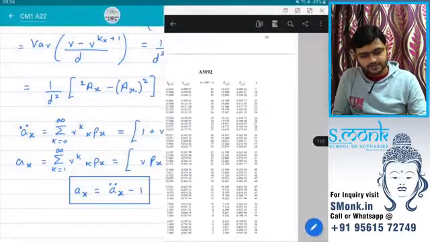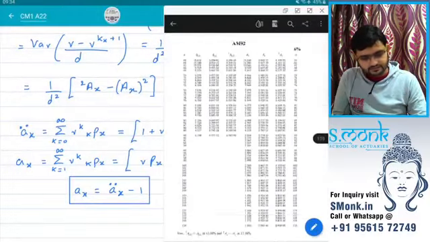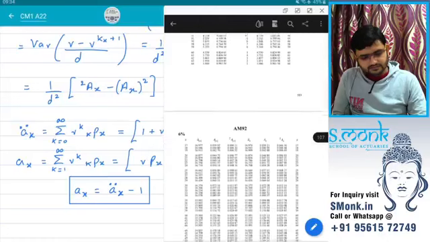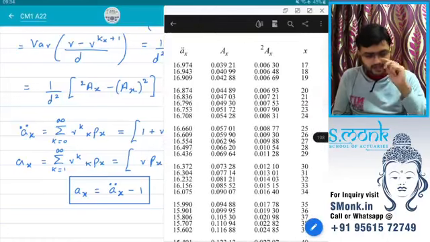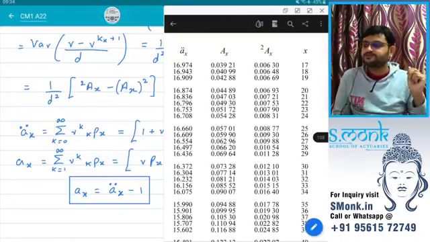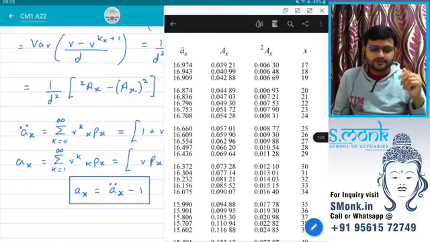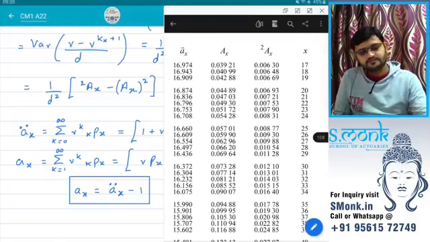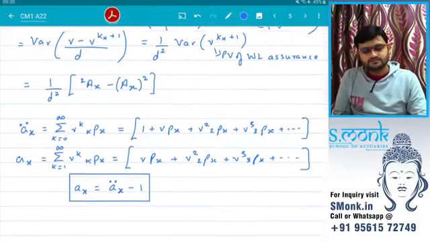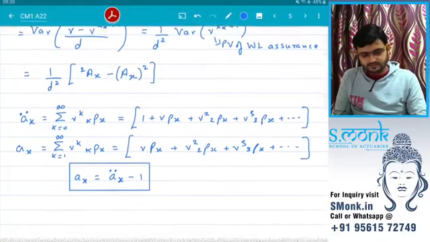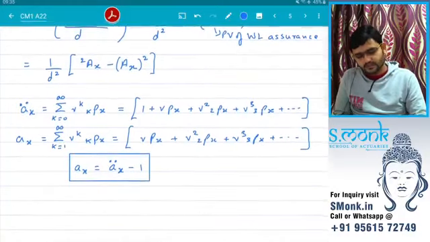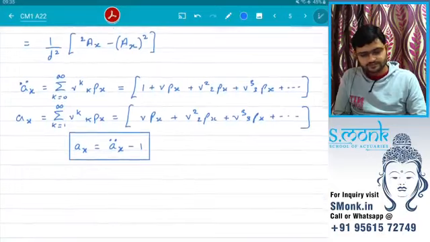You can see here, AM92 6%, besides ax we have a double-dot x. So we have this a double-dot x value given, and we can easily calculate our ax value from it. Okay. Any problem here?